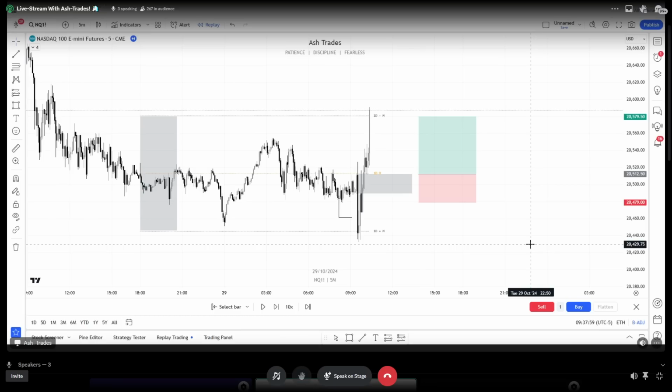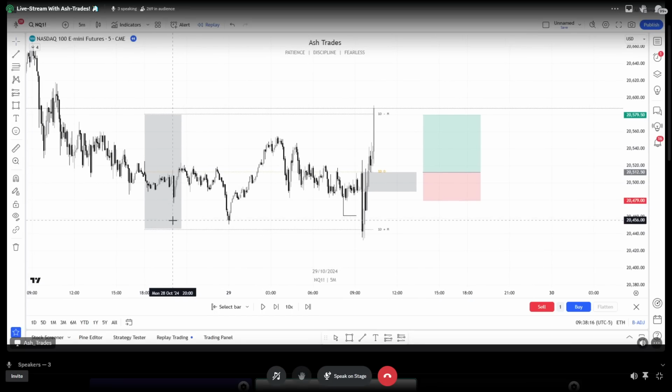All we're doing is time always being the most important element, right? 9:30 open is what we just looked at 2 times in a row. Understanding the draw on liquidity could be as simple as understanding how to use the logic of the stat map. Meaning you get a range. After the range develops, you look for manipulation of the range.